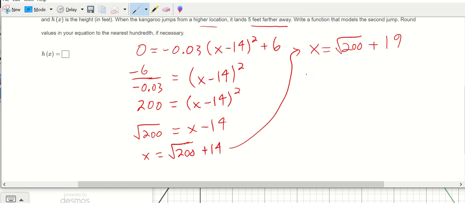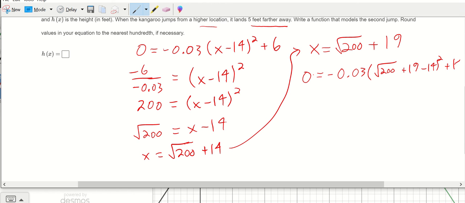Alright, so from here, we could say our new function, which actually it's still going to land at a height of 0. Alright, let's keep most of this the same. Right, so the function's staying the same. For the x value, let's substitute in what we want it to be. Still minus 14 there, so I'm keeping that part the same.